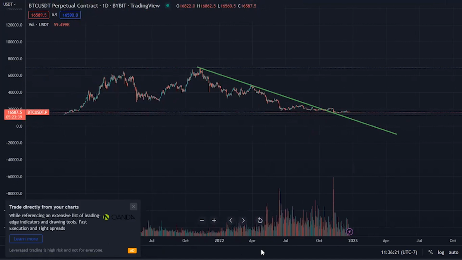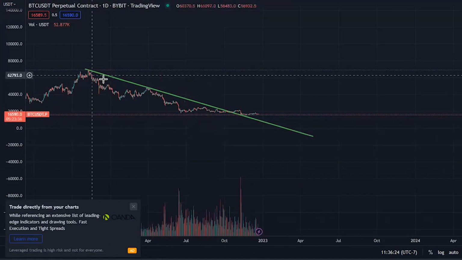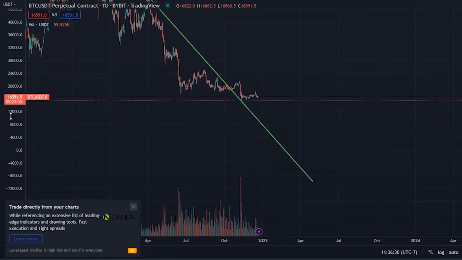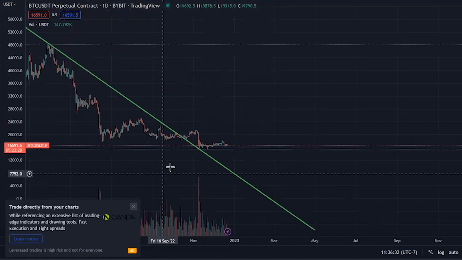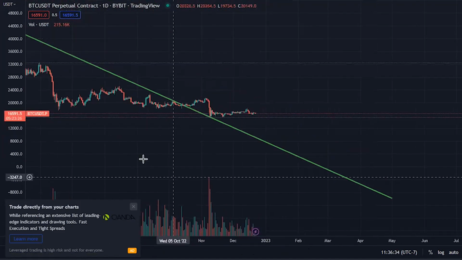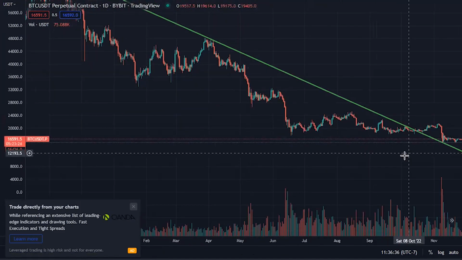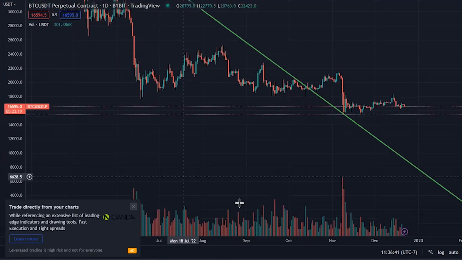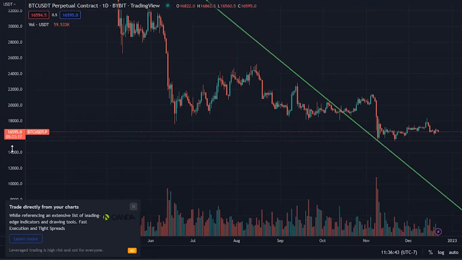In the daily time frame here, if you look at the bigger picture, you can clearly see that Bitcoin is in a downtrend, right? However, if you zoom in closer, okay, if we move in even closer, we can see that even though we are in a downtrend in the bigger picture, if we zoom in closer, we can see some uptrends here as well.